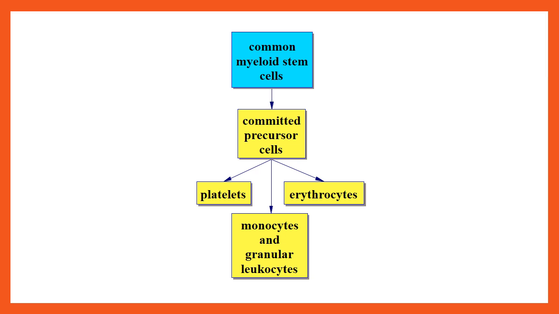We can give this and encourage the bone marrow to produce erythrocytes. But there are also other colony stimulating factors such as thrombopoietin, which will facilitate platelet production.